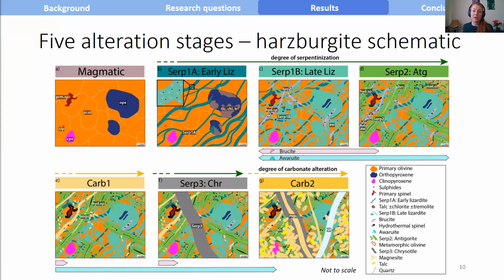These stages differ in fluid composition and pressure and temperatures. So brucite is most stable in the later part of SERP1, that is SERP1b, and awaruite is found in both SERP1b and SERP2, but is more stable over longer periods than brucite.